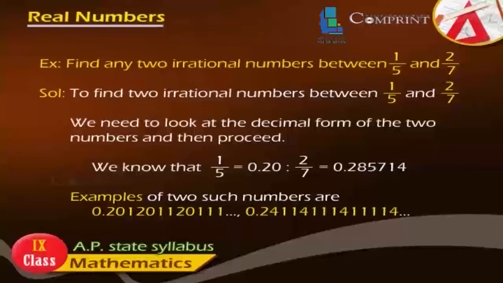We know that 1/5 is equal to 0.20 and 2/7 is equal to 0.285714. Examples of two such numbers are 0.2012011201111... and 0.2411411141114... and so on.